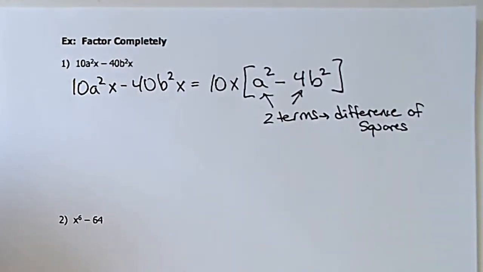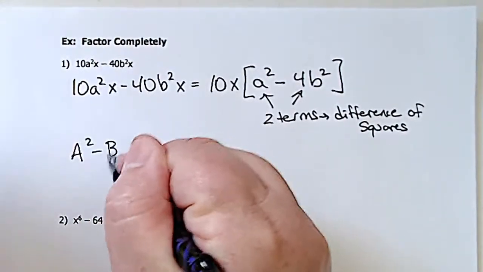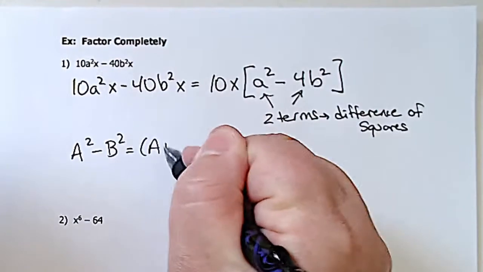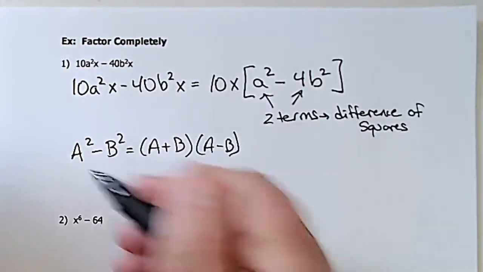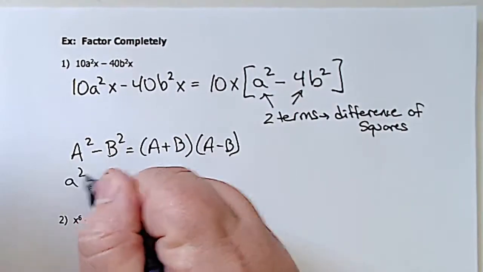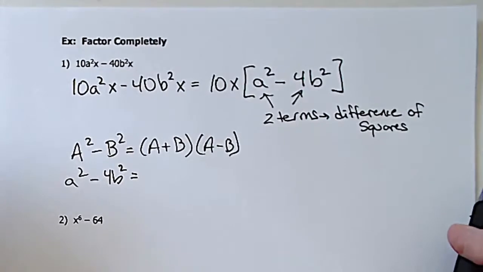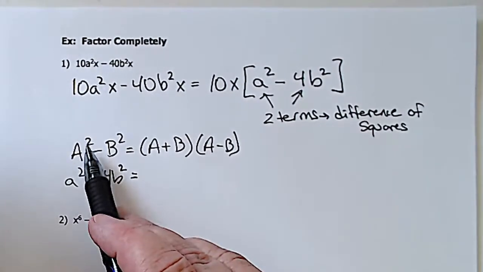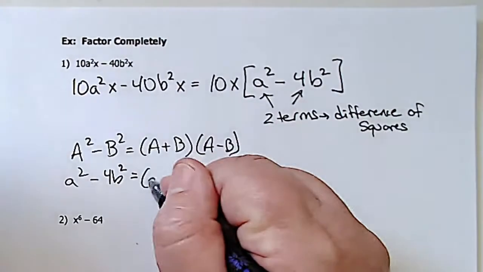So then I want my A squared minus B squared equals A plus B times A minus B. So this will be a squared minus 4b squared. Okay, so the big trick here is going to be big A squared is little a squared, so big A is little a. So that's pretty straightforward.